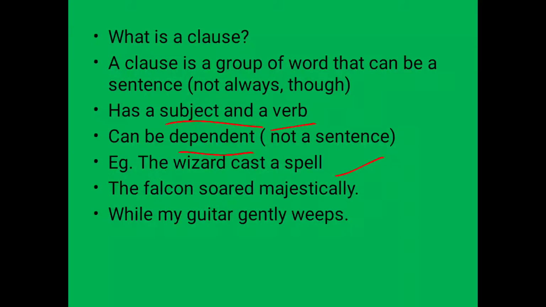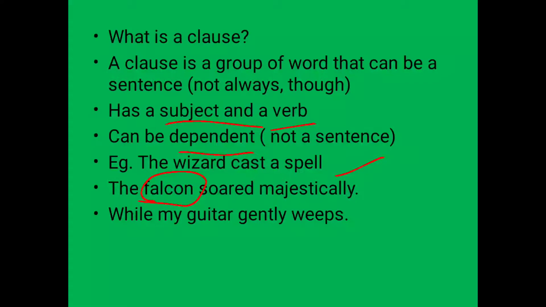Let's test a couple of things and see if they are phrases or clauses. "The falcon soared majestically." This is a group of words, and we have "the falcon" here, which is a noun phrase behaving like a part of speech. So I know that this definitely has a phrase in it, but is it just a phrase on its own?